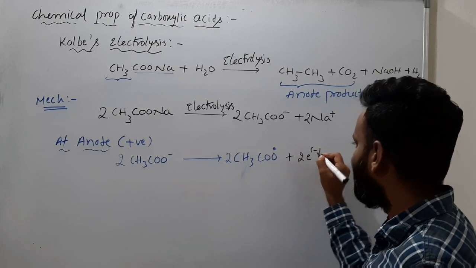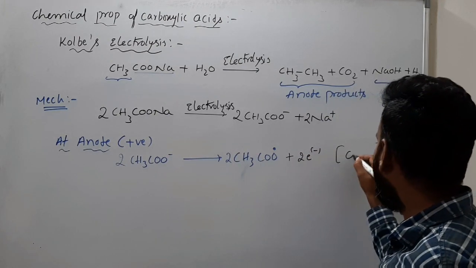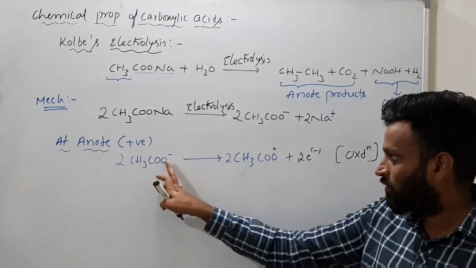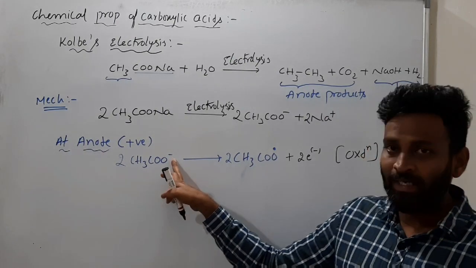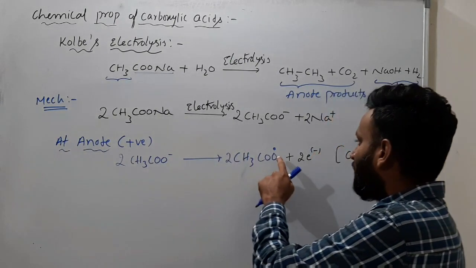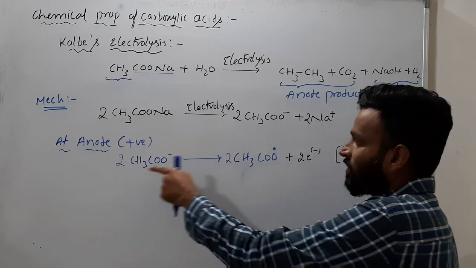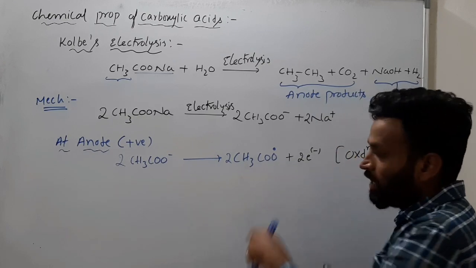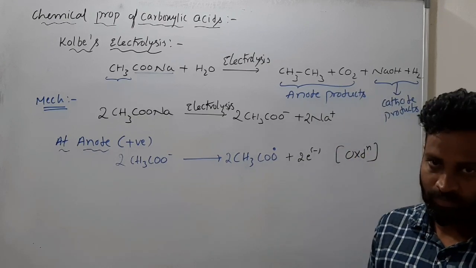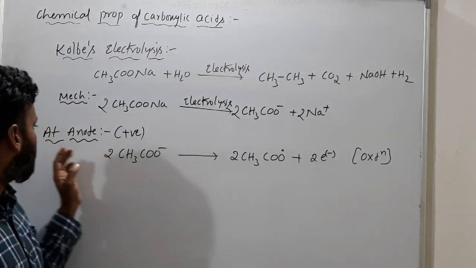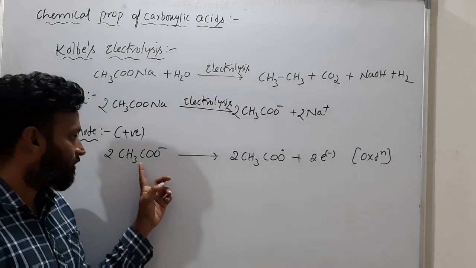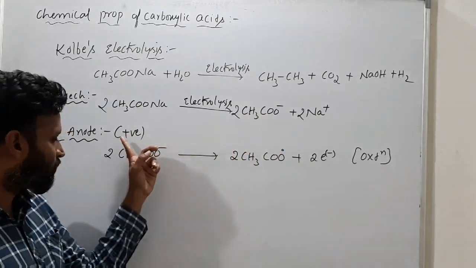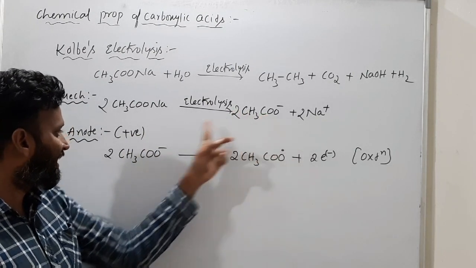Because what happens at the anode? At the anode, oxidation takes place. So from 2 moles, 2 moles of electrons are removed, and 2 moles of this free radical form. At the anode I said oxidation. So the anode is positive, and towards the positive electrode the negative ions go.